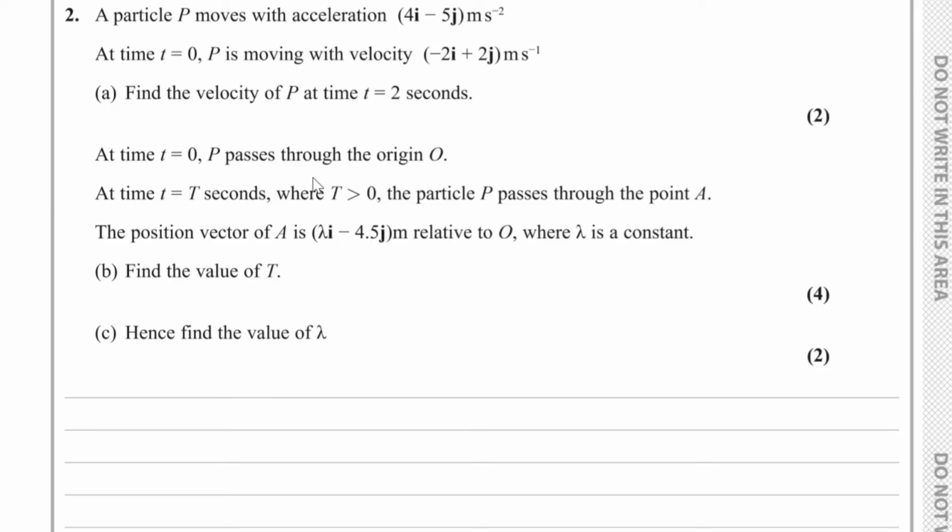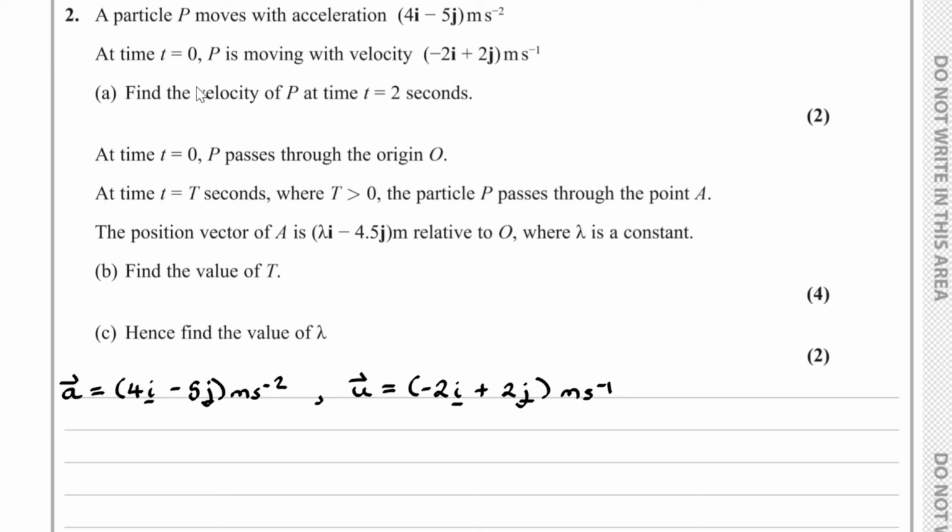Now, let's write down what we know so far. We know the acceleration is equal to 4i minus 5j meters per second squared. We also know the initial velocity u, that's equal to minus 2i plus 2j meters per second.